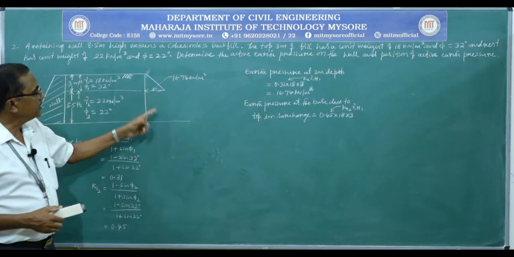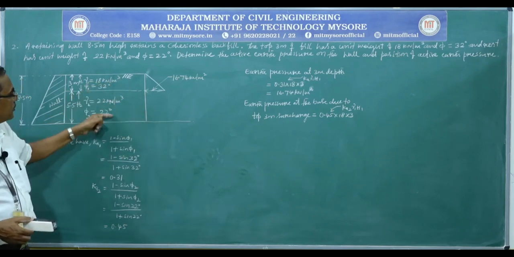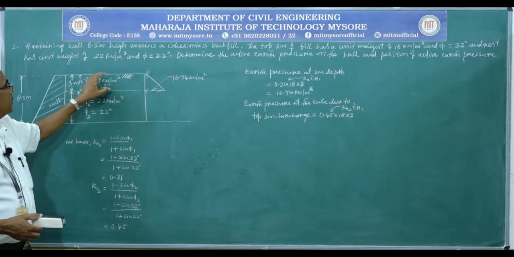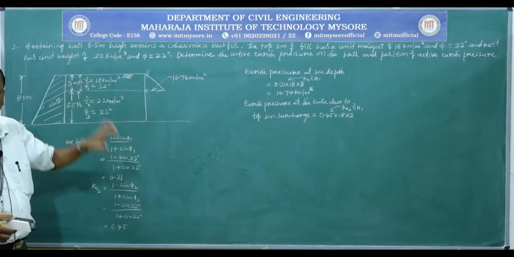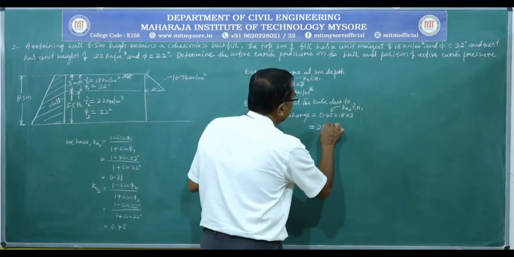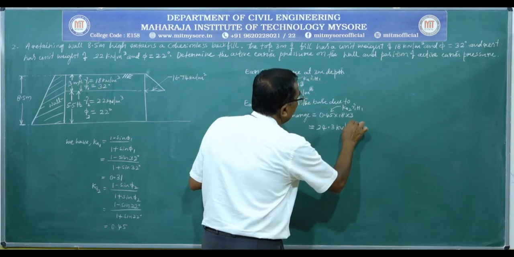So earth pressure at the base due to the top surcharge is equal to the coefficient of earth pressure of the bottom layer multiplied by the surcharge pressure of the top layer. That is equal to 16.74 kilonewton per meter square.